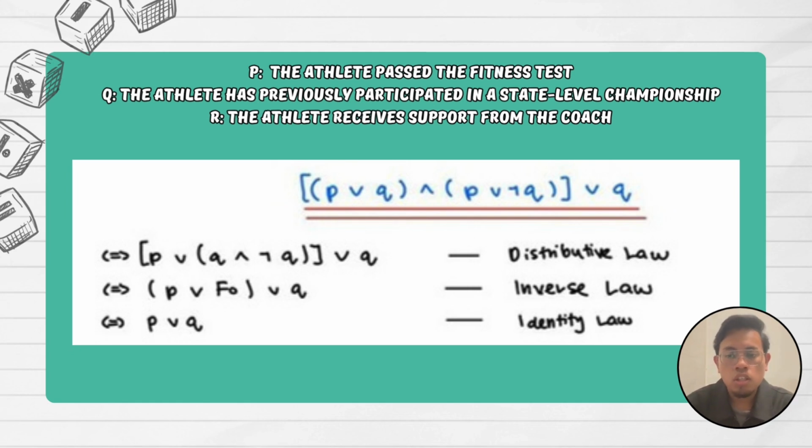For the last one, when P or contradiction, we will get P using the identity law. So our simplified statement is P or Q. It's the athlete passed the fitness test or has previously participated in a state level championship.